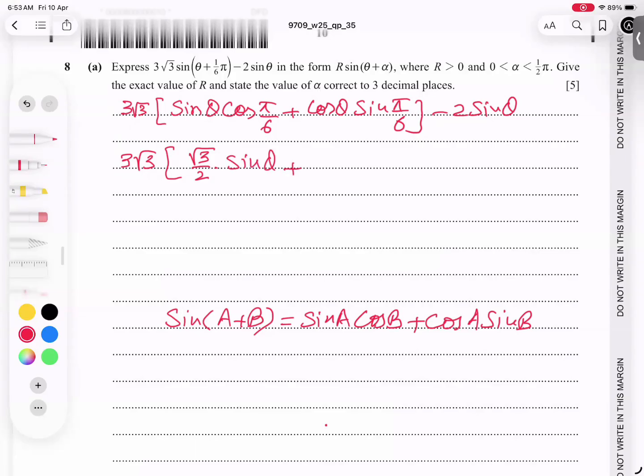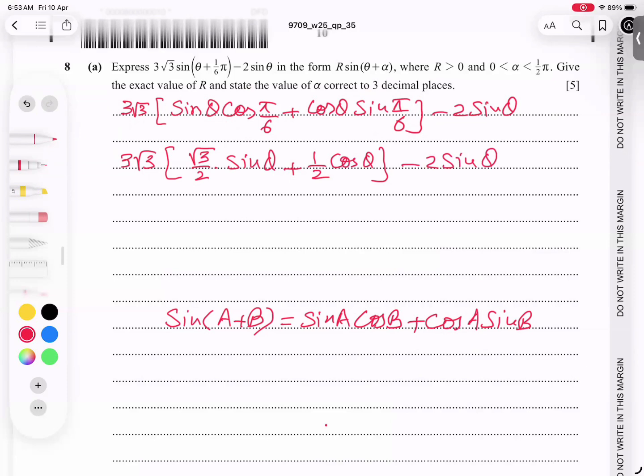And this again, same: sine 30 is a half, but cos 30 is root 3 by 2. I hope it's clear. We have to memorize these values, students. Anyway, this part is clear.